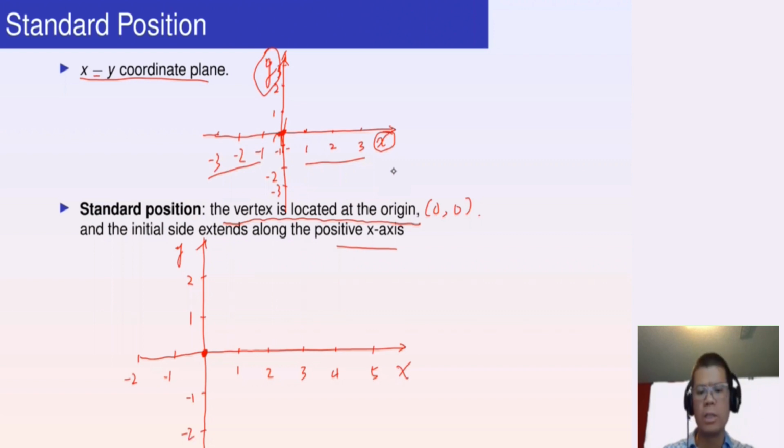Now y is also 0 at this point, which is going to be the vertex. You put the vertex of the angle at the origin, and the initial side extends along the positive x-axis. So the initial side should be the same as the x-axis. And then the other side is the terminal side.